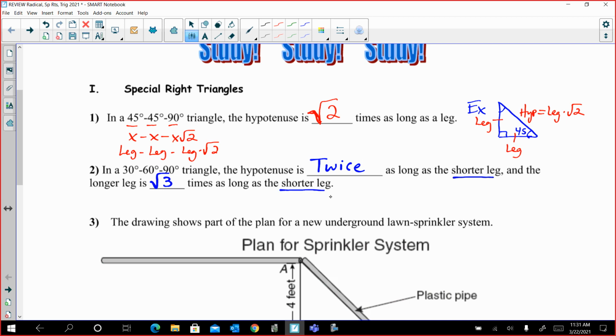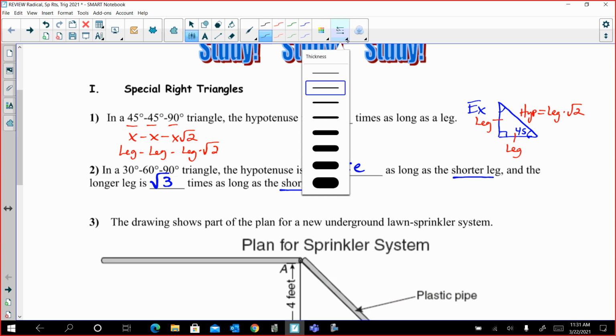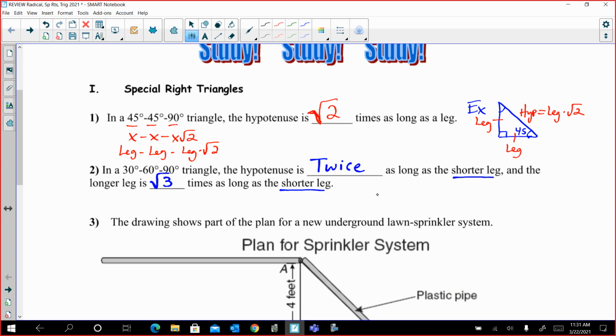The difference mainly in this scenario is that in this triangle, you should see a 30 or a 60. Opposite the smallest angle is your short leg, then long leg, then hypotenuse. Just recognize the part.